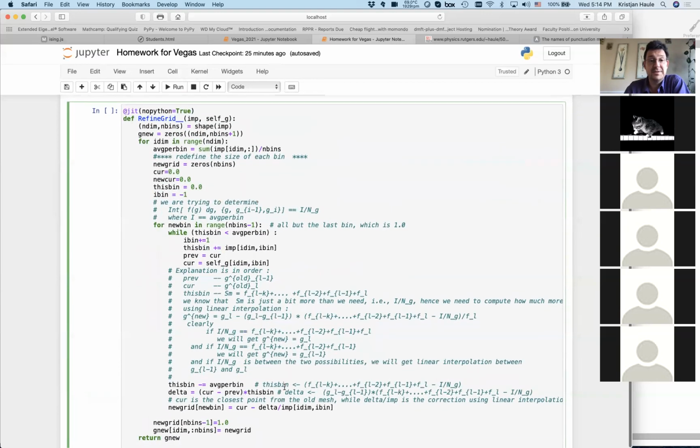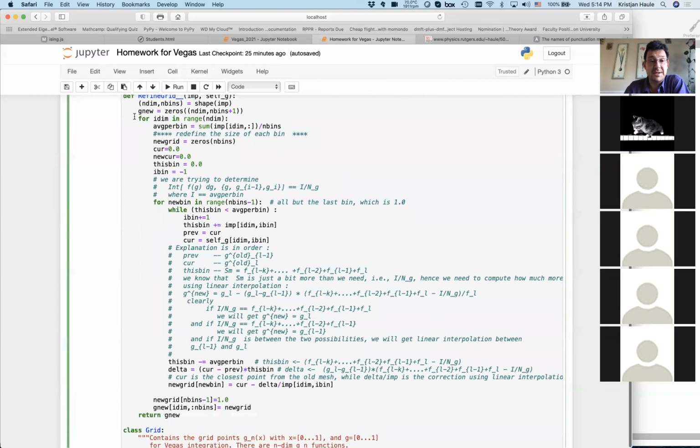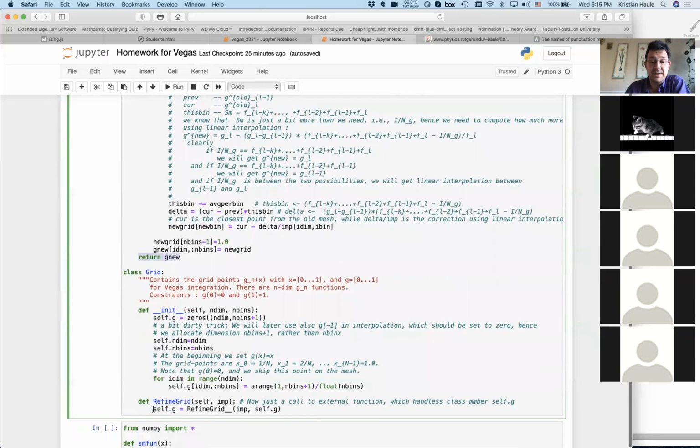So this refine grid does exactly the same. Basically, it allocates the new array for the entire grid, which we call GNew, and then we fill in the GNew, and we just return GNew at the end. So we just return the entire array, and we don't change self G here. Okay, so self G is being changed only inside the class once returned.